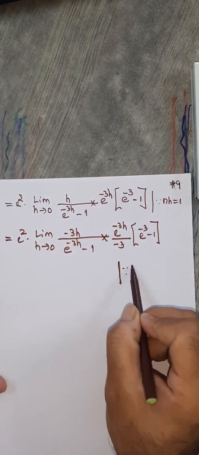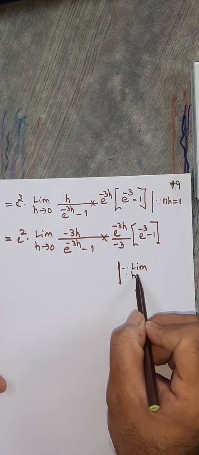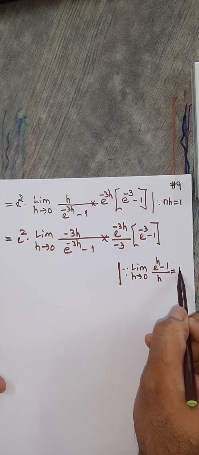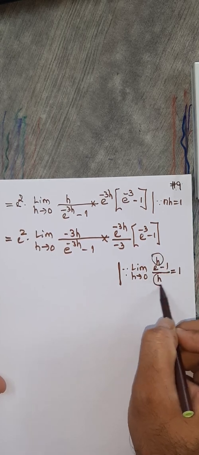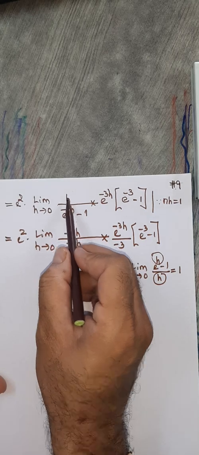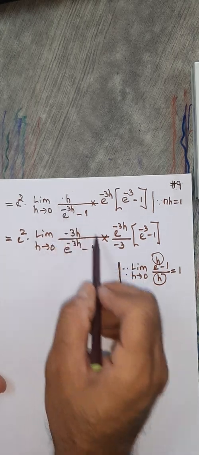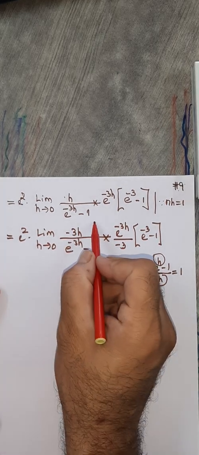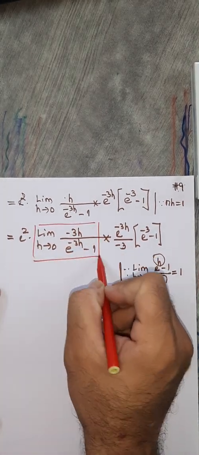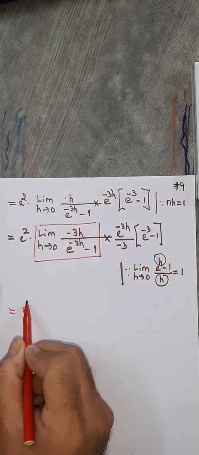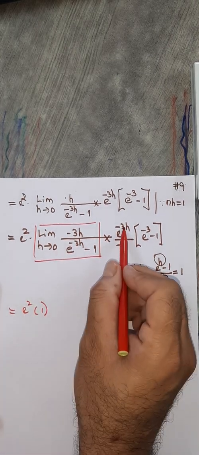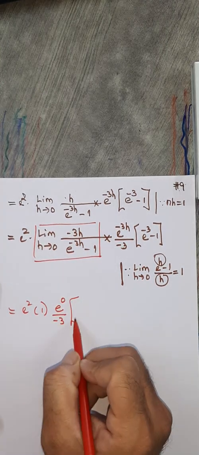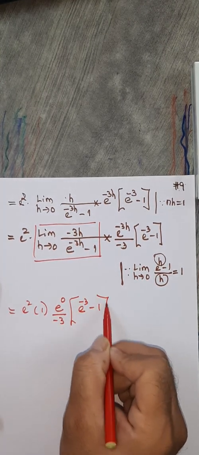This one: limit h tends to 0, e raised to h minus 1 upon h is always 1. So this and this should be the same, remember. Here you had only h, you have minus 3, so multiply and divide by minus 3. Now everything is set. This is 1. You know it, we did it twice earlier. H tends to 0 here, so e raised to 0 by minus 3, and this is e raised to minus 3 minus 1.